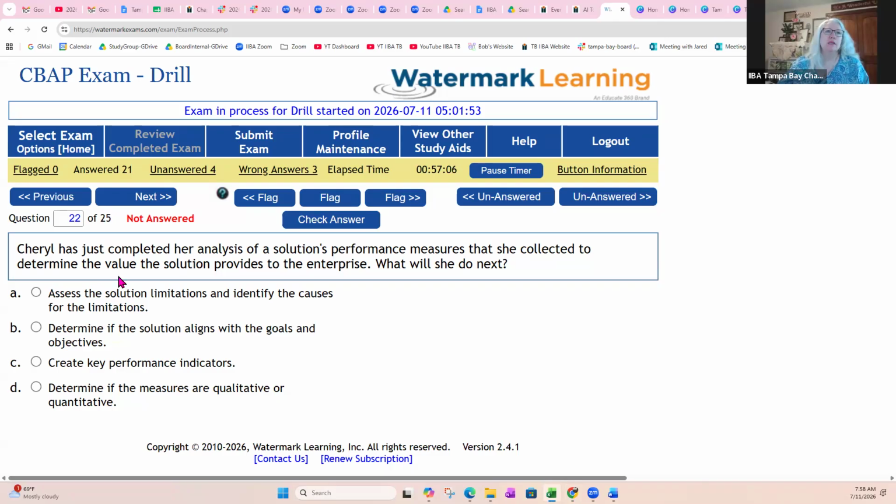So the next task, she's going to assess the solution limitations and identify the cause for limitations, determine if the solution aligns with the goals and objectives, create key performance indicators, or determine if the measures are qualitative or quantitative.